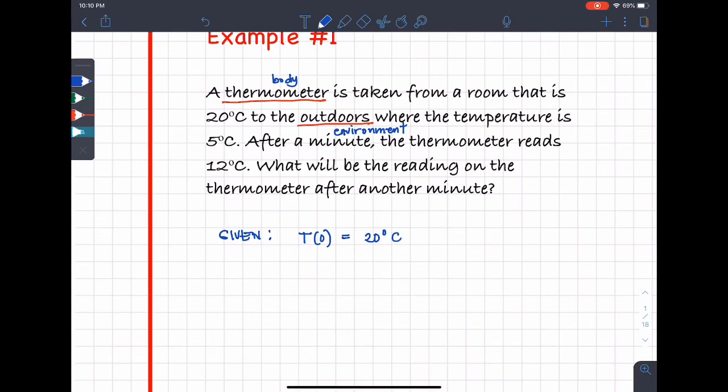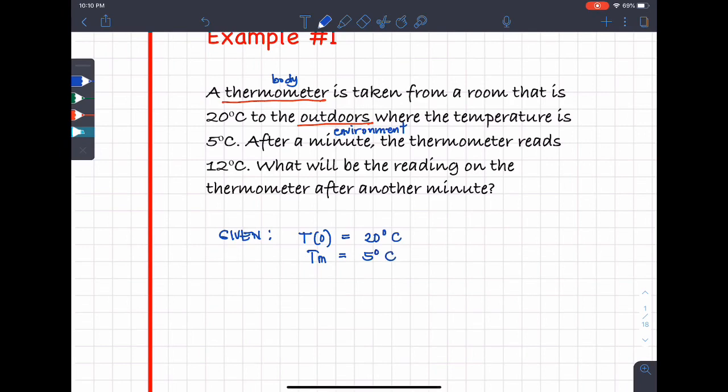And then afterwards, we have the environment. The environment is the temperature of the outdoors, and it says there that the temperature is 5 degrees Celsius. So T sub M, which is 5 degrees Celsius, is for our environment.